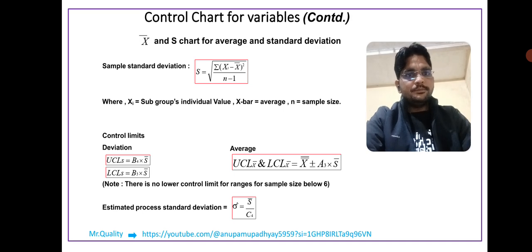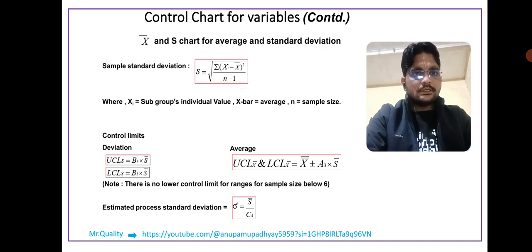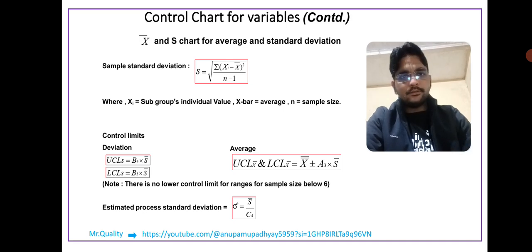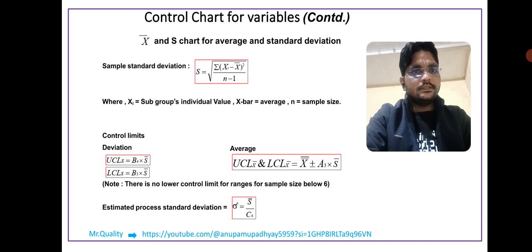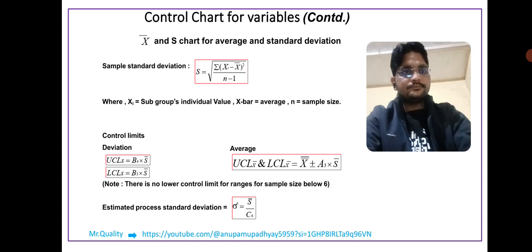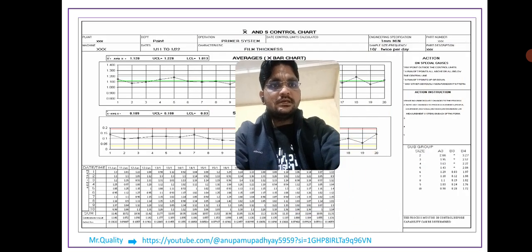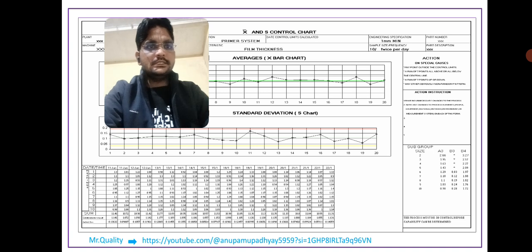For average, UCL x bar is x double bar plus A3 S bar, and the lower is x double bar minus A3 S bar. There is no control limit for the ranges for sample size below 6. Estimated process standard deviation sigma is S bar divided by C4. This is the plot of X bar and S control charts.